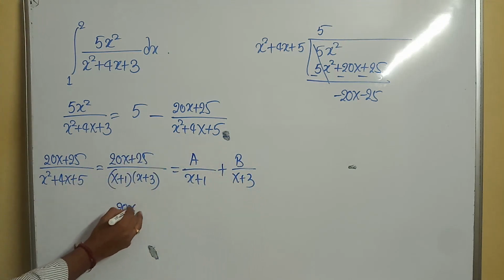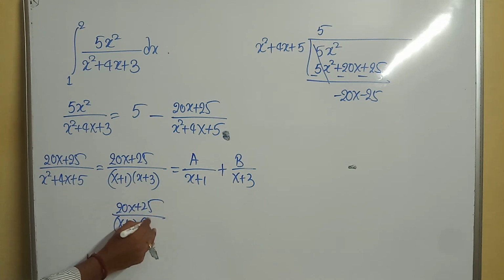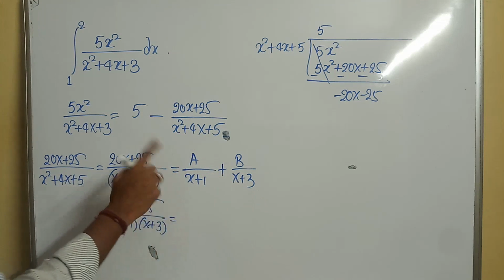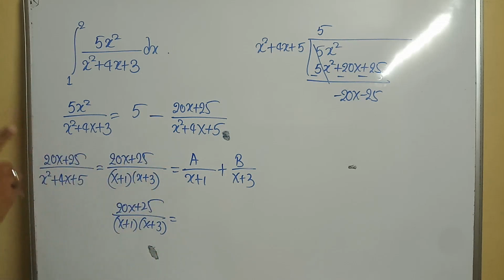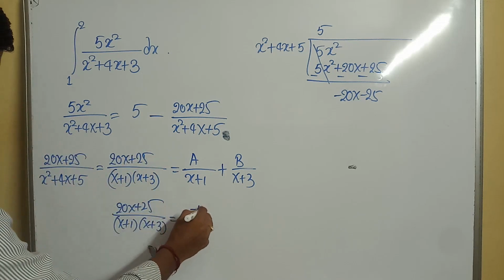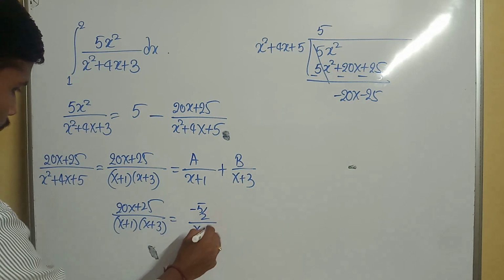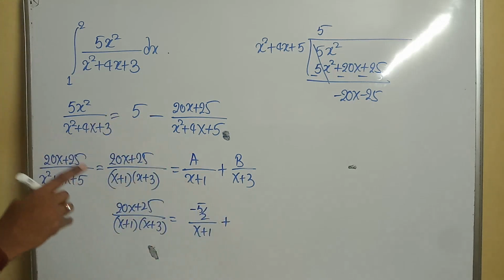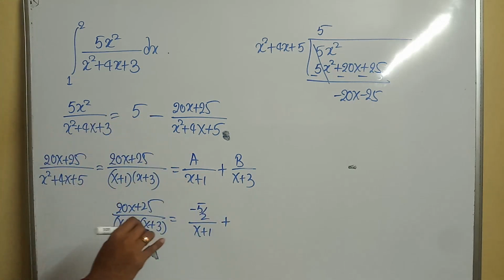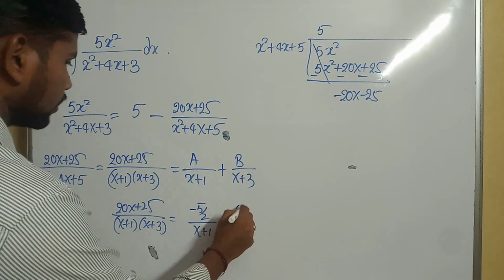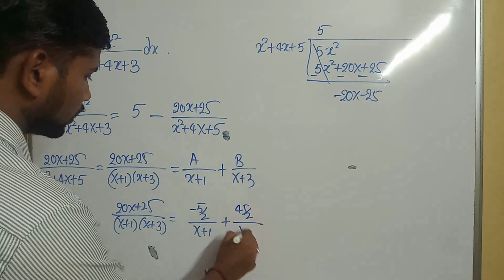I'd like to write this one directly because you know how to solve partial fractions. Here I got the value of a as minus 5 by 2. I got the b value as 45 divided by 2 divided by x plus 3.